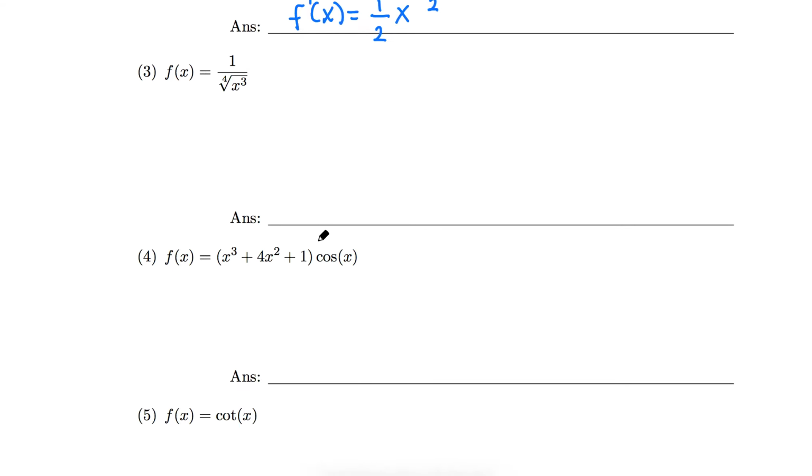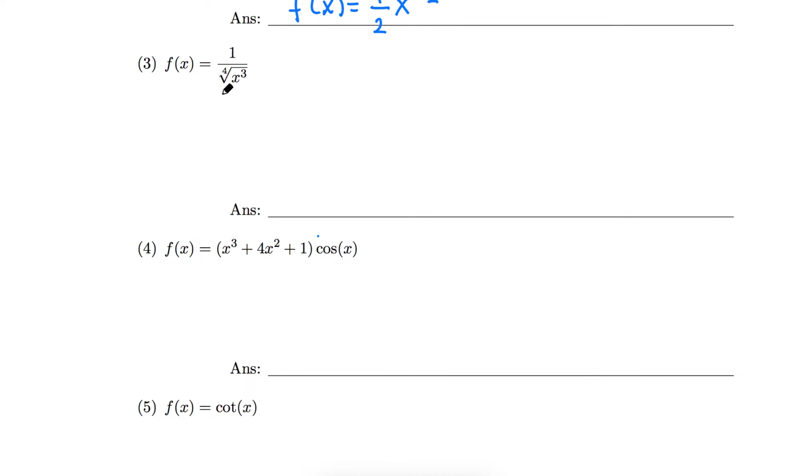Okay. For this one, we have both a radical and a denominator, but we can write this function as a power function, as a power of x. Since x is in the denominator, we know that the power is going to be negative, and fourth root of x to the third is the same thing as x to the 3 over 4. So this function is equal to x to the negative 3 over 4.